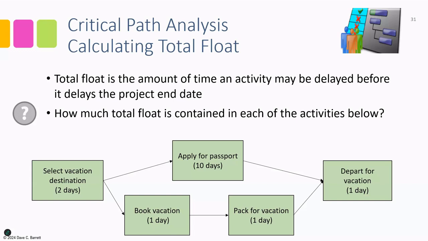Now, the same can be said for pack for vacation. It also contains 8 days of total float. However, please keep in mind that they're sharing those 8 days, so that if book vacation was delayed by, let's say you didn't start it right away and you delayed it by 6 days, there would only be 2 days left for pack for vacation.